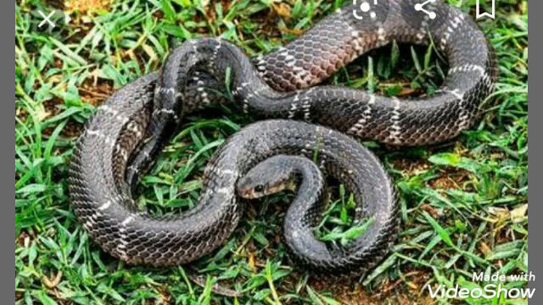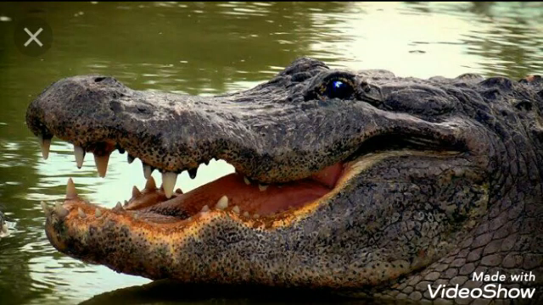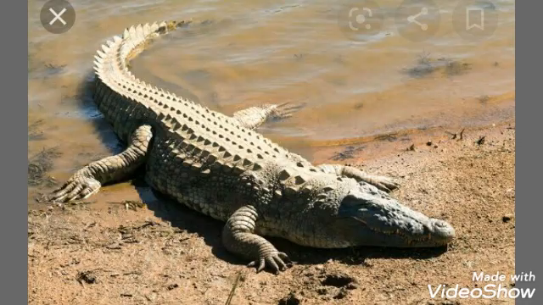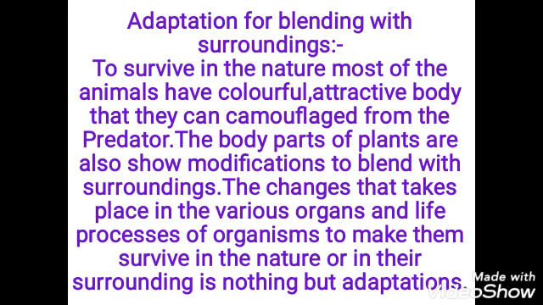The body of snakes has scaly skin which they can remove after a certain period. Animals like crocodile have pointed sharp teeth and a rough scaly skin. They are also called cold-blooded animals.